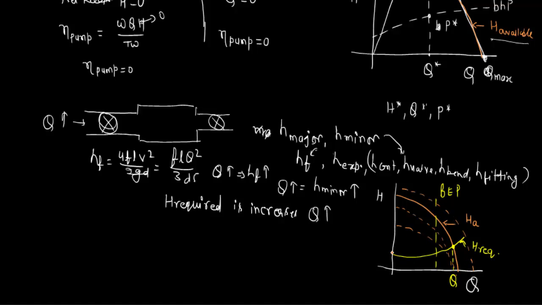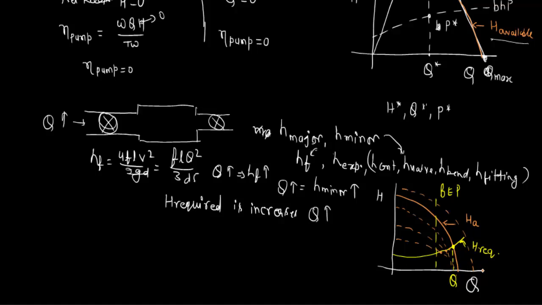So it is possible that we get closer and closer to the best efficiency point if we change the RPM, or we can use different diameter impellers for the same casing, so that our intersection point of head available and head required is nearer and nearer to the best efficiency point.